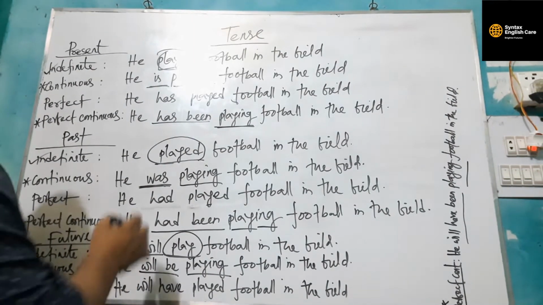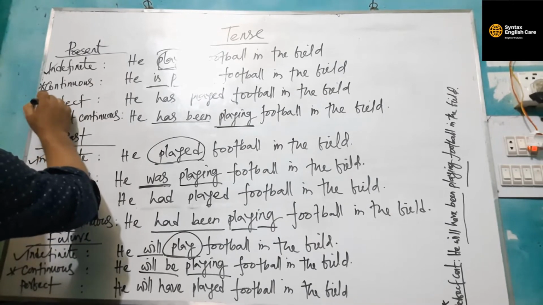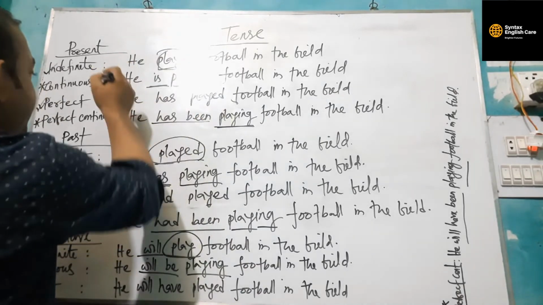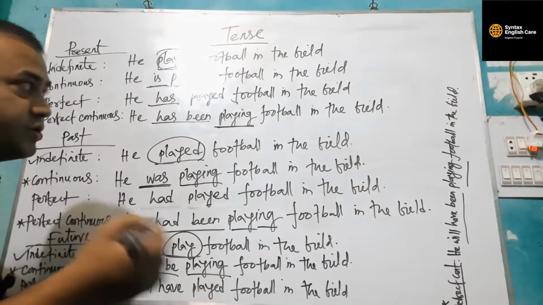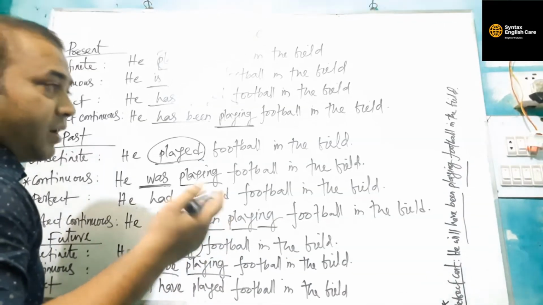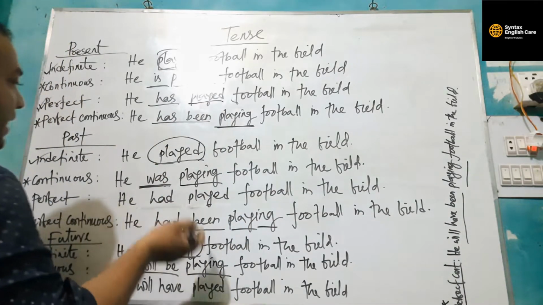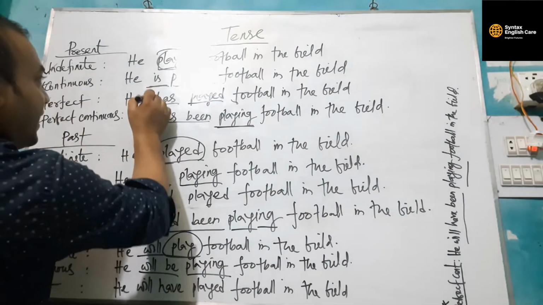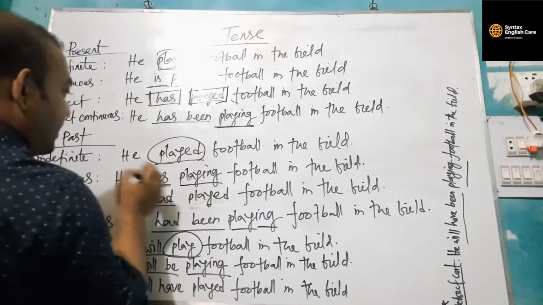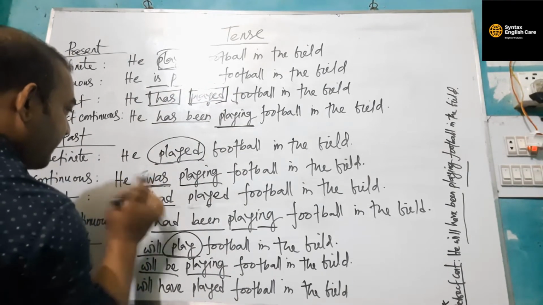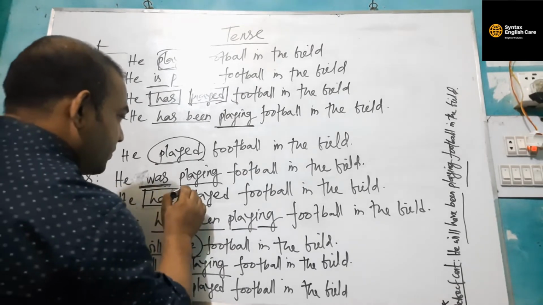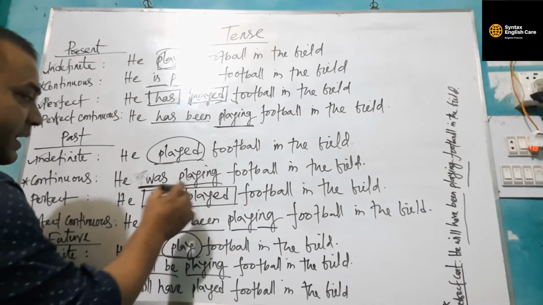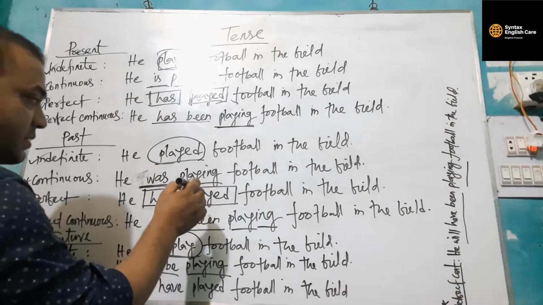Now come to the perfect. Here is the perfect. In case of perfect tense, in case of present perfect, you have to use have or has as an auxiliary verb, and past participle, and in case of past, had is used as auxiliary verb, and played is the form of past participle.